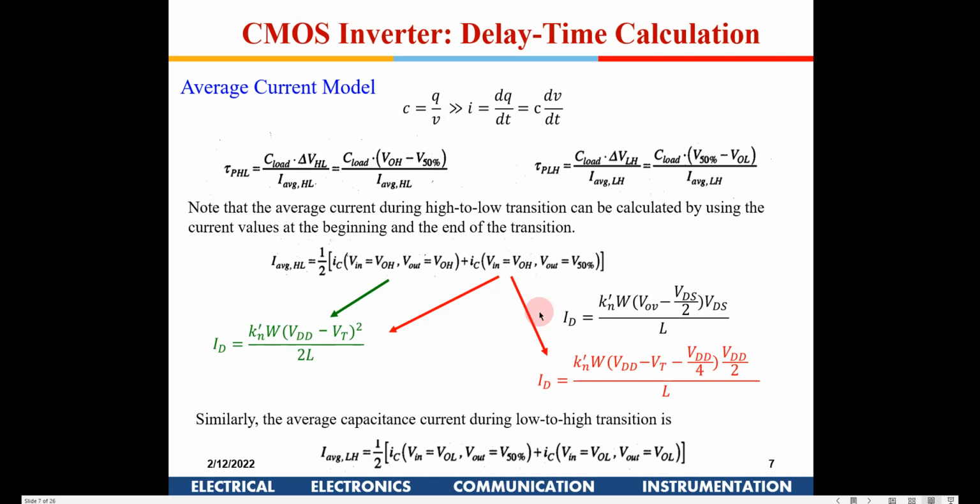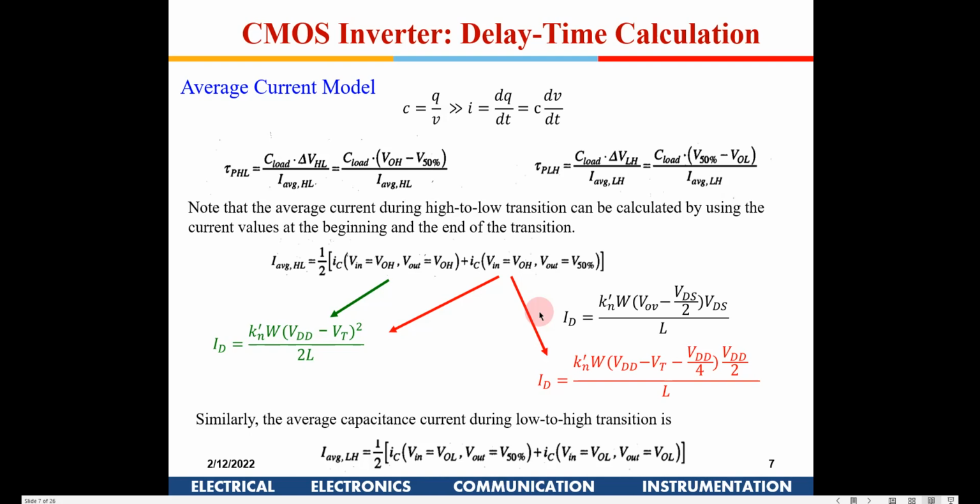Whereas if I talk about 180 nanometer technology, it is 1.8 volt and VT is around 0.7 volt. Then between the gate and the source I will have 1.8 minus 0.7, which is around 1.1, whereas VDS for 50% will be only 0.9 volt, so it will be in linear.